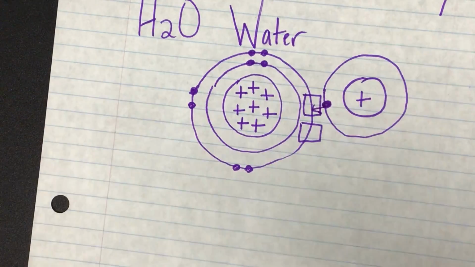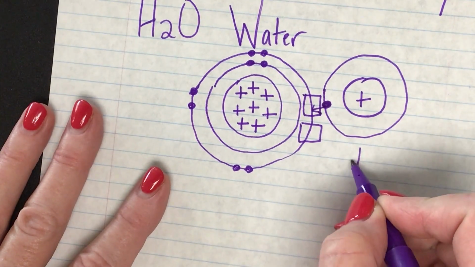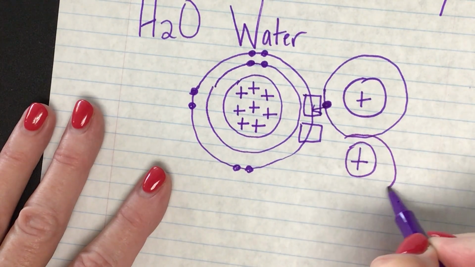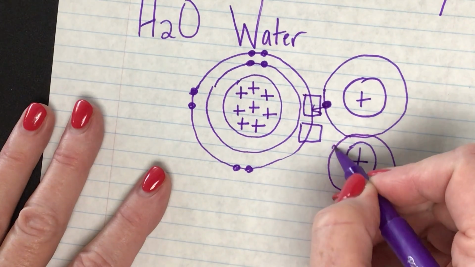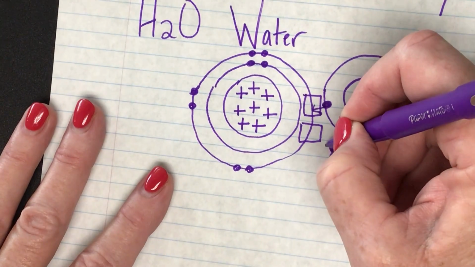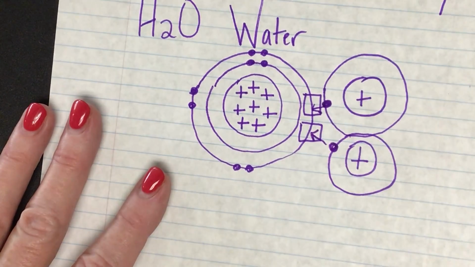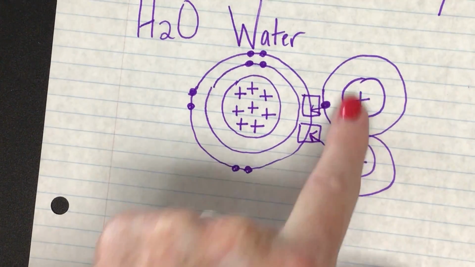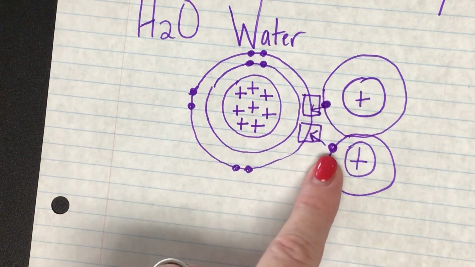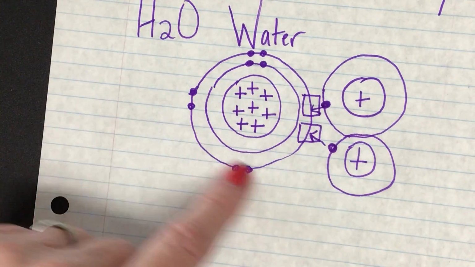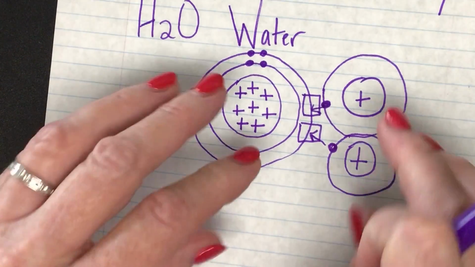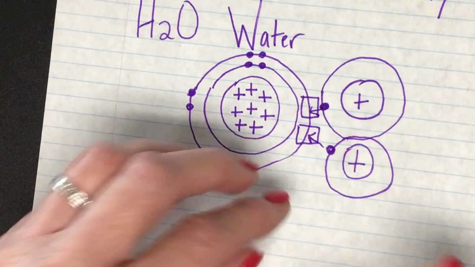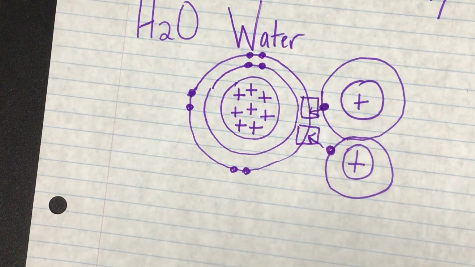And then we're going to add 1 more. So this is hydrogen. Its 1 electron is going to squeeze in right there. So each of these hydrogens is going to have a full outer shell, and oxygen too. So we have elements that will bond together to become more like the noble gases.